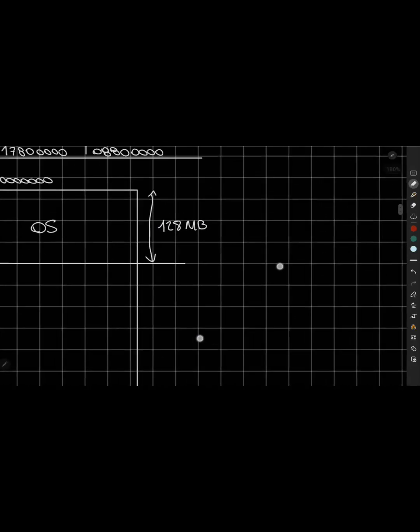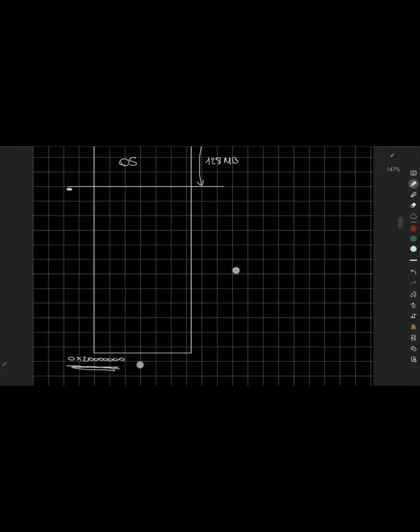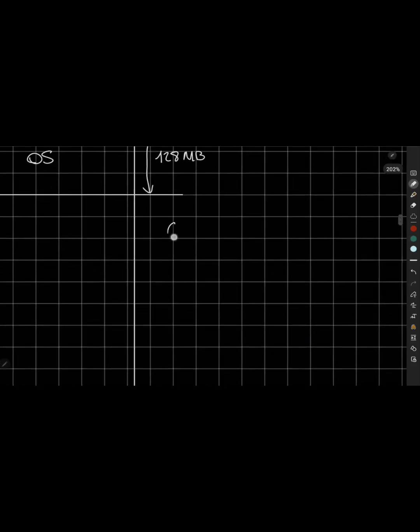We have to do the same exact thing to calculate the very last address of the OS that we did to calculate this address here. So let's convert 128 megabytes from decimal to hexadecimal.